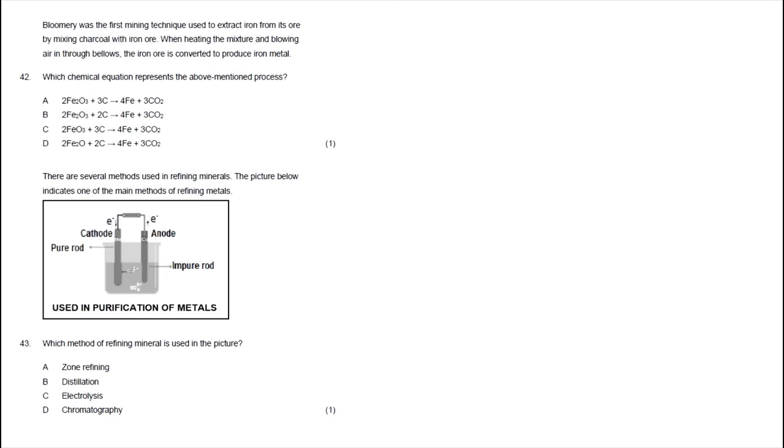Okay, and then next we will move to our next question, which is question 42. So here we can see that we are given a statement that we need to first read and understand before moving to what the question is requiring from us.